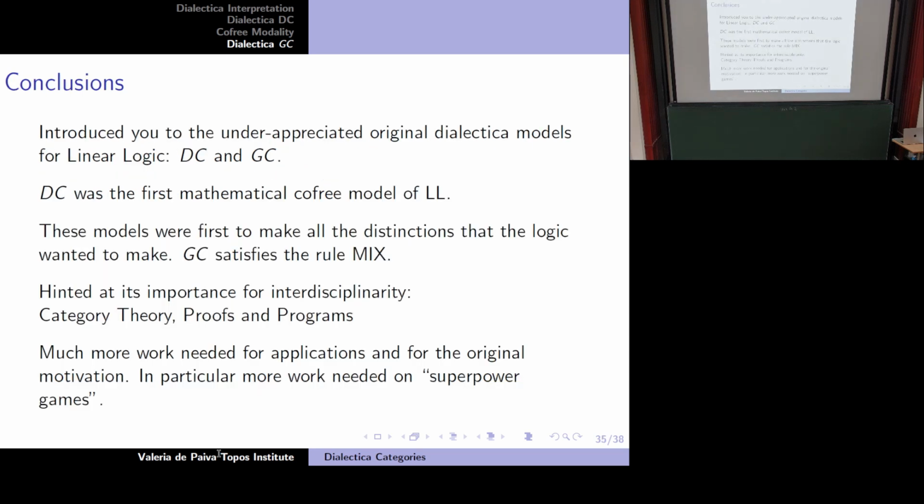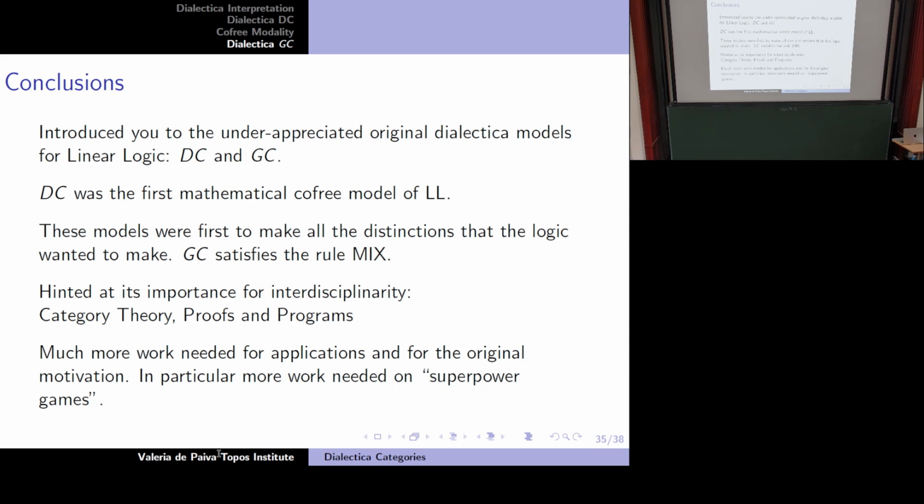So, conclusions. I introduced you to what I think are underappreciated Dialectica models for linear logic, DC and GC. DC was the first mathematical co-free model of linear logic, and the first one that kept all the distinctions that Girard wanted to make. GC satisfies the mix rule, so some people might think that's not so nice because of that.